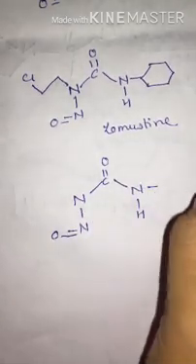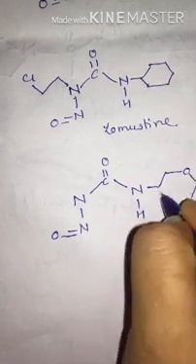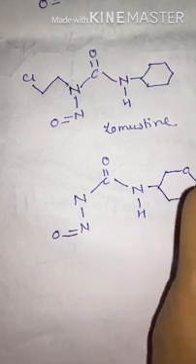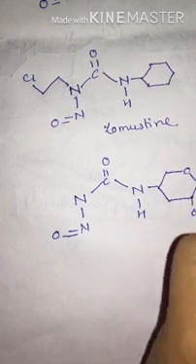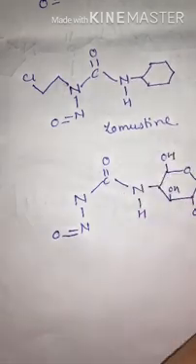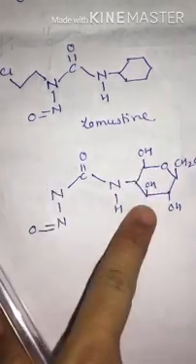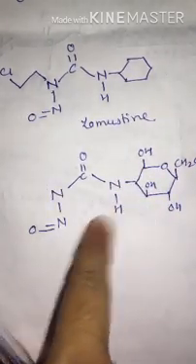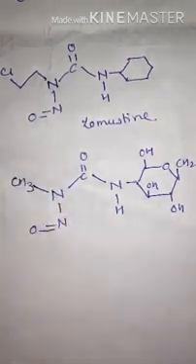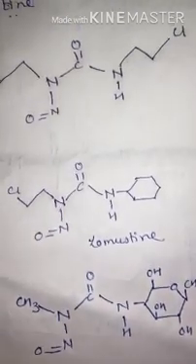To this side we have a pyranose ring, CH2OH, here OH, hydroxy group. So there is a glucopyranose ring at one side of the nitrosourea, and to the other side we have methyl groups. So these are the three structures of nitrosourea groups.